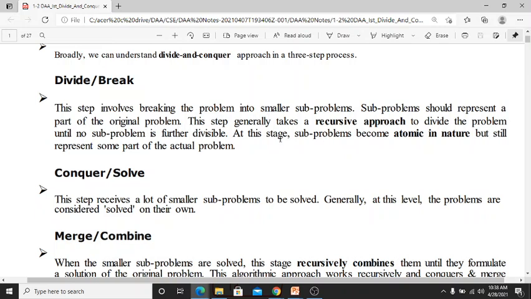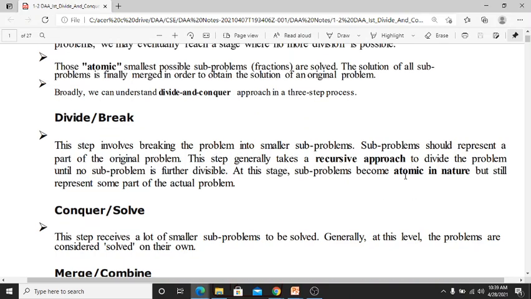This step generally takes a recursive approach to divide the problem until no sub problem is further divisible. Recursive approach is nothing but it will call itself and divide the problem until no sub problem is further divisible.